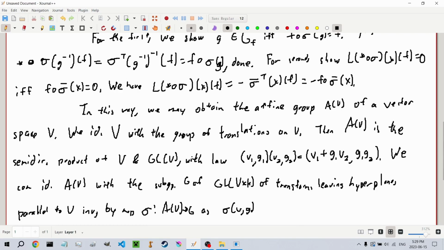Of course it needs to act on some w and alpha being alpha v plus g w on alpha.